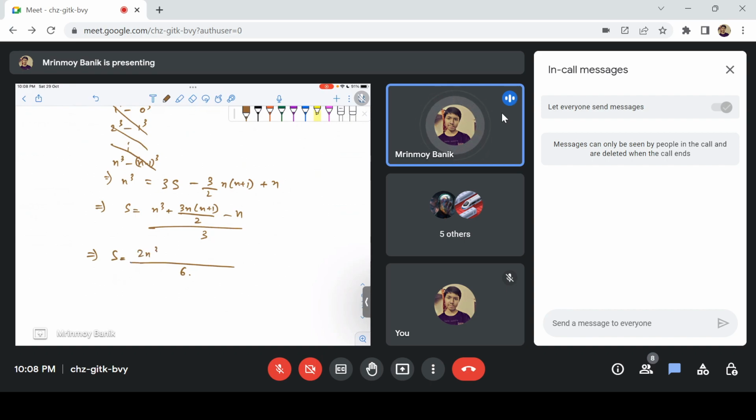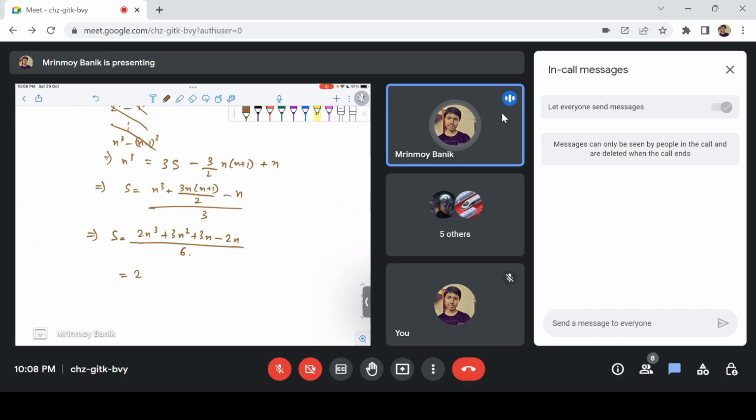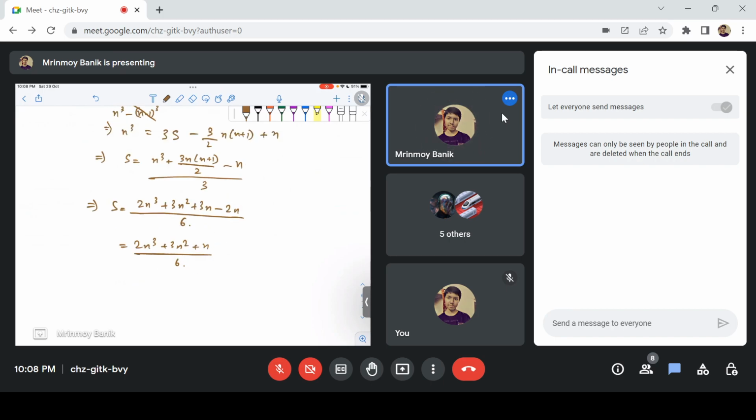This is 2n cube, sorry, plus 3n squared, 3n squared plus 3n minus 2n. So we have 2n cube plus 3n squared plus n by 6.